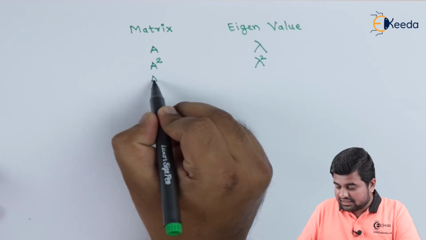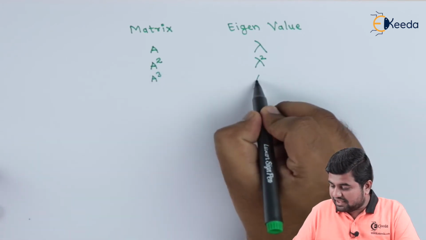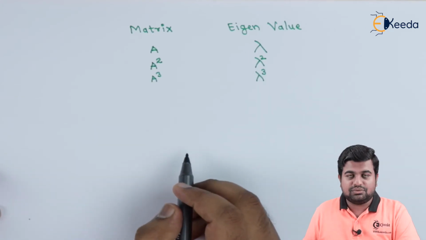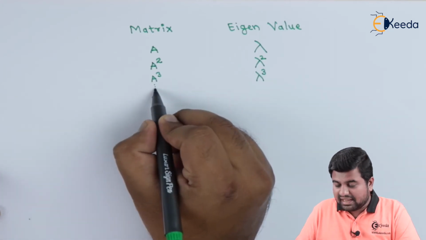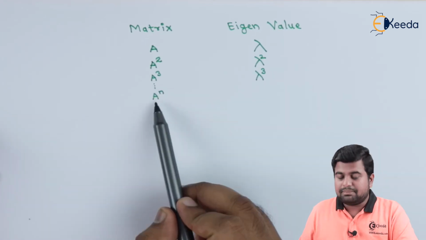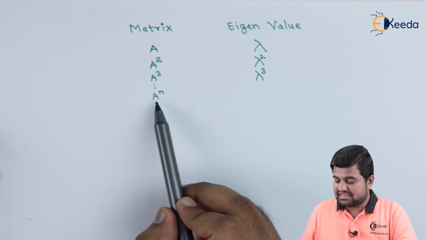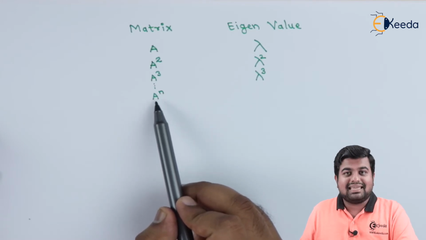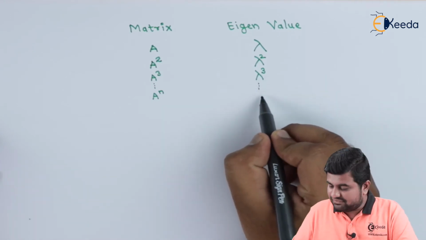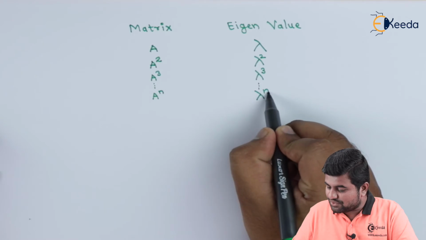If we have got A cube, then we'll have lambda cube as its particular eigenvalue. Now, in general, I can say if we have A raised to n, that is, matrix A is taken n times and multiplied with itself, the corresponding eigenvalue is nothing but lambda raised to n.